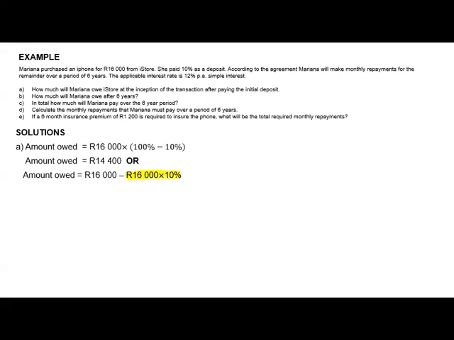So Mariana will owe the purchase price minus the discount. The discount will be 1,600. 16,000 minus 1,600. At the inception of this transaction, Mariana will owe us 14,400. That was the first question.